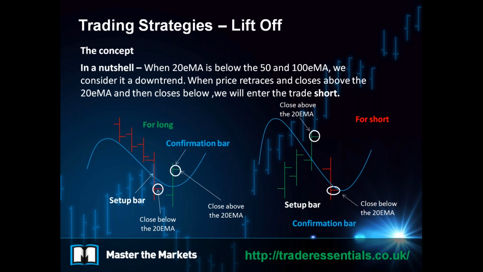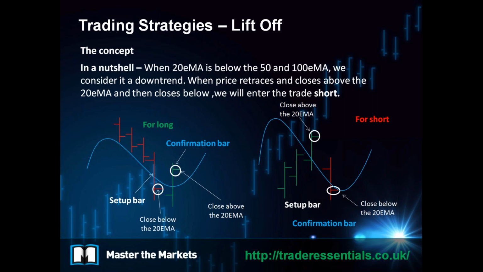This is really what's important with the Liftoff strategy, the order of the moving averages, because in this particular trading strategy, not all trading strategies, just this one, the order gives us an indication of the trend. We consider the price to be in an uptrend when the 20 moving average is above both the 50 and 100. We consider the trend to be down when the 20 moving average is below both the 50 and 100.